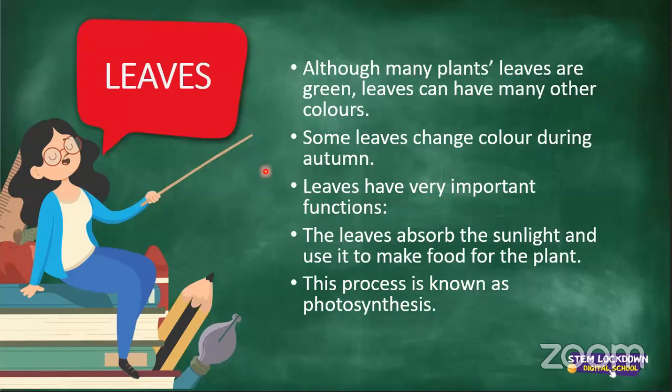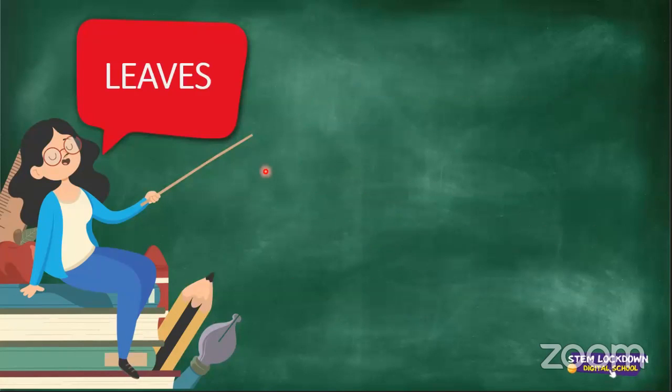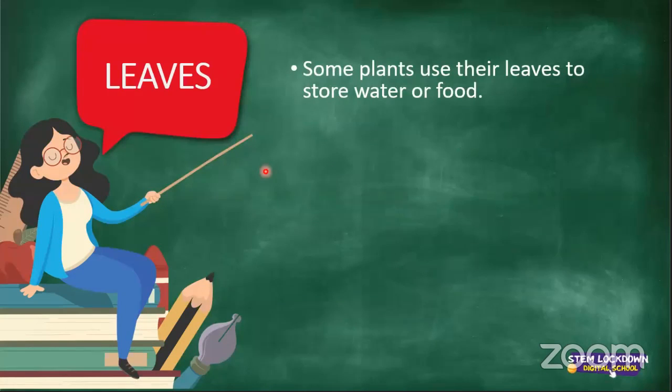You don't need to know the whole process in detail. You will learn about this next year in a lot of detail, when you're in grade 5. Some plants use their leaves to store water or food.